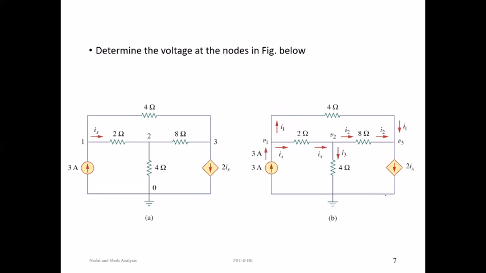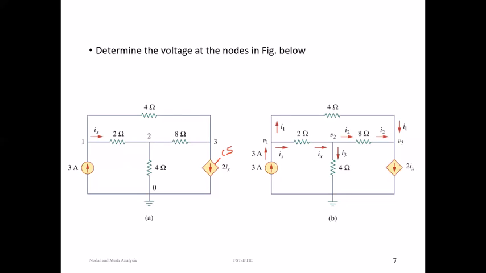Let us try to solve a problem with a dependent source. As soon as you see the problem, first you need to identify whether it has a dependent source, and whether the dependent source is a current source or not. By seeing this diagram, as it is an arrow within the rhombus shape, first I can say it is a dependent current source.